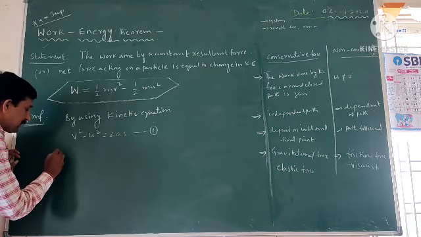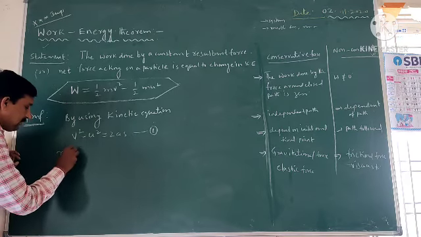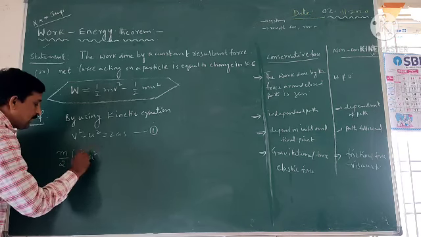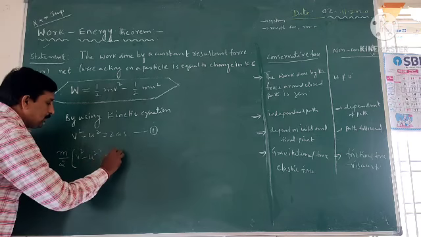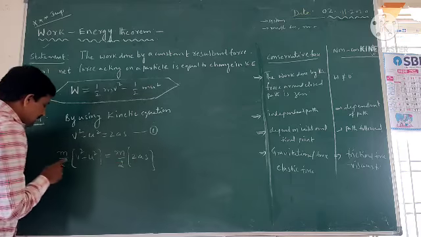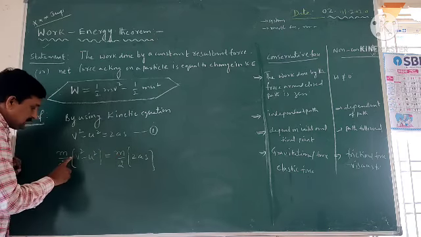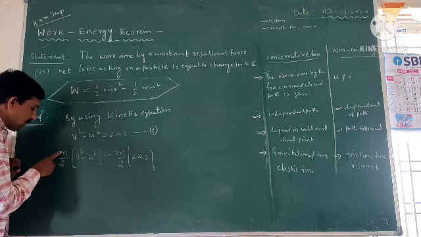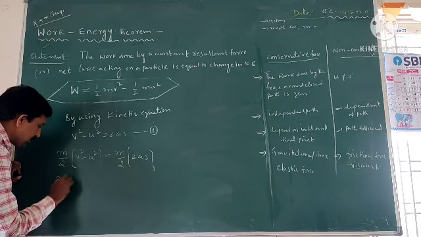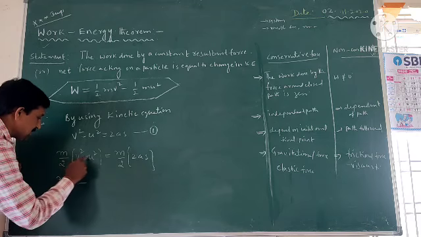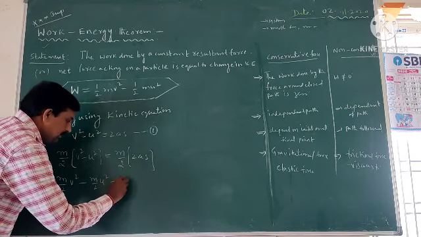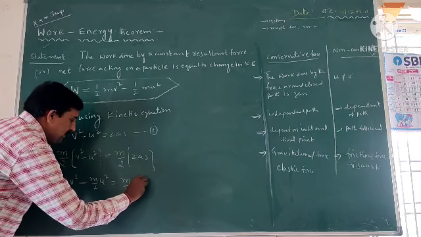Multiply the above equation by m by 2 on both sides. So m by 2 into v square minus m by 2 into u square is equal to m by 2 into 2as.